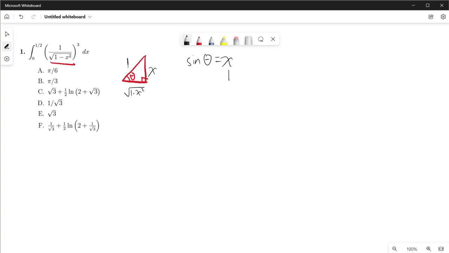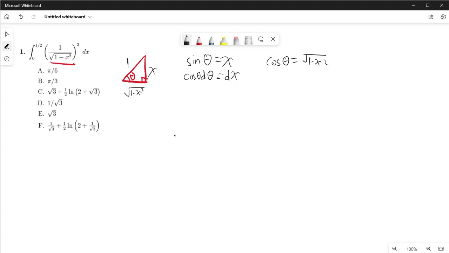So then dx will equal cosine theta d theta. And cosine theta would equal the square root part, right?